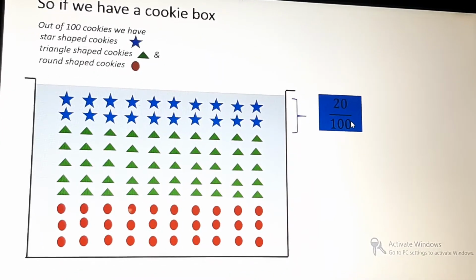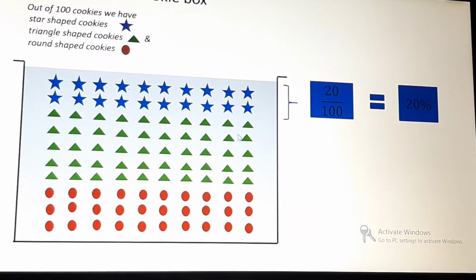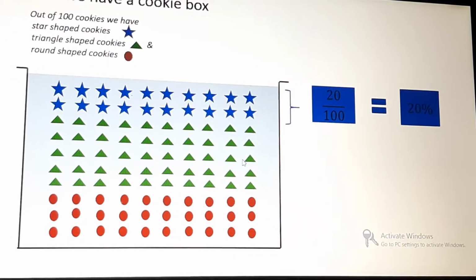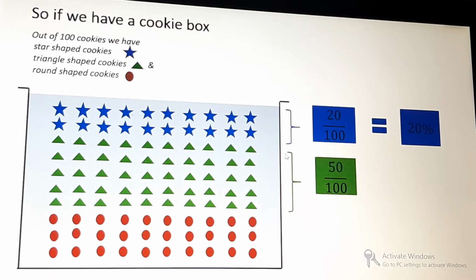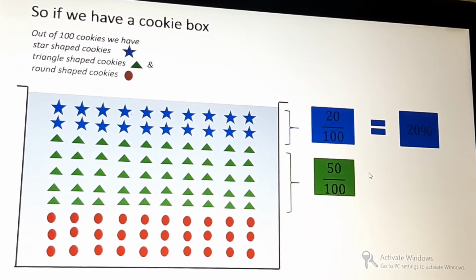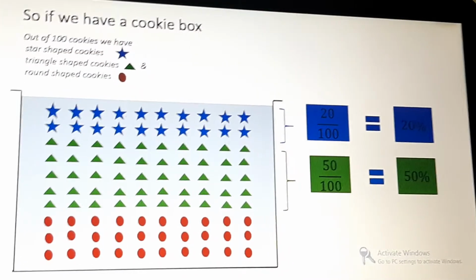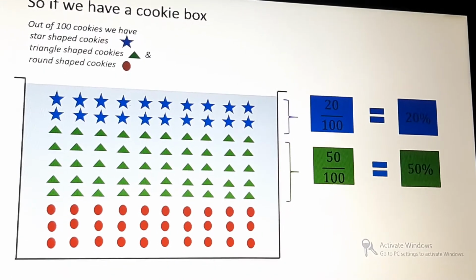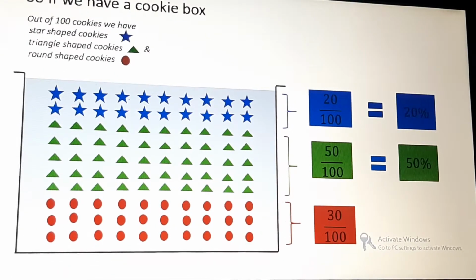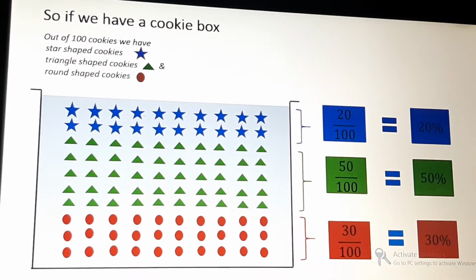In the form of percent, we can write it as 20%. Coming to the green cookies, they are 10 times 5 is 50, and we can write it as 50%. Coming to the red and round-shaped cookies, we know there are 30 in number out of 100. So 30 out of 100 can be written as 30%.